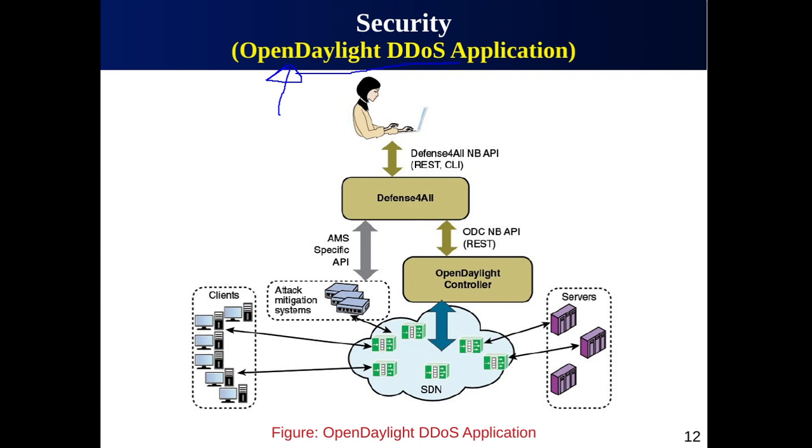A normal traffic baseline of the protected objects is built. Like you record information about the normal traffic, and then in the second phase, detection of distributed denial of service attack patterns is performed.